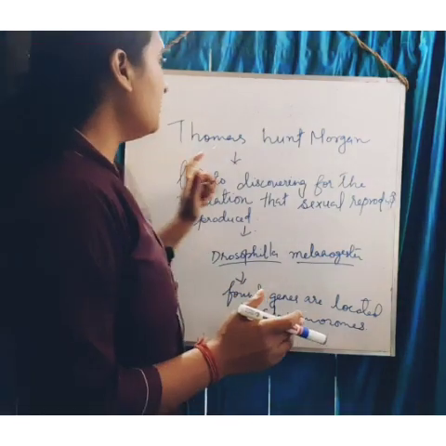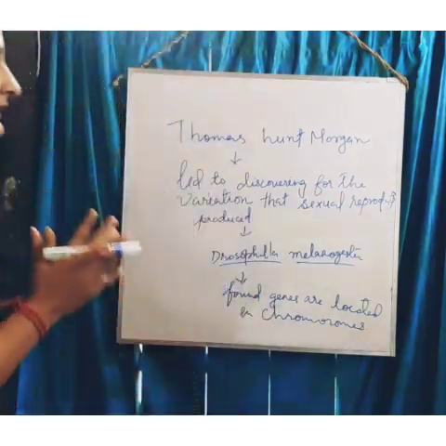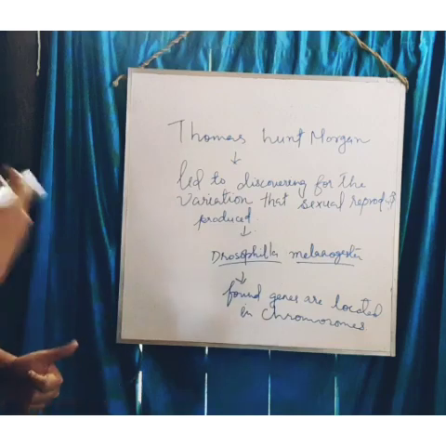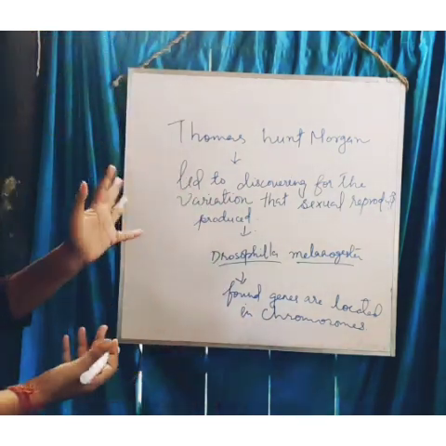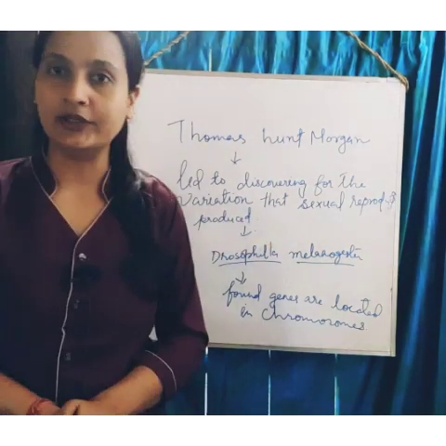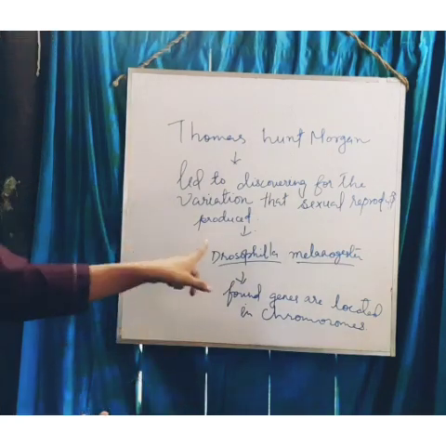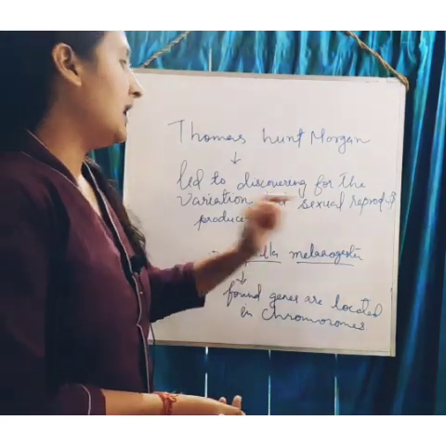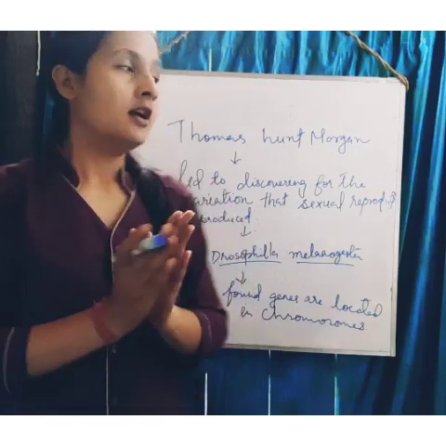From the experimental verification they gave, it was proved that the variation seen in a progeny is due to sexual reproduction. And this experiment was done with Drosophila melanogaster. Drosophila melanogaster is a fruit fly.